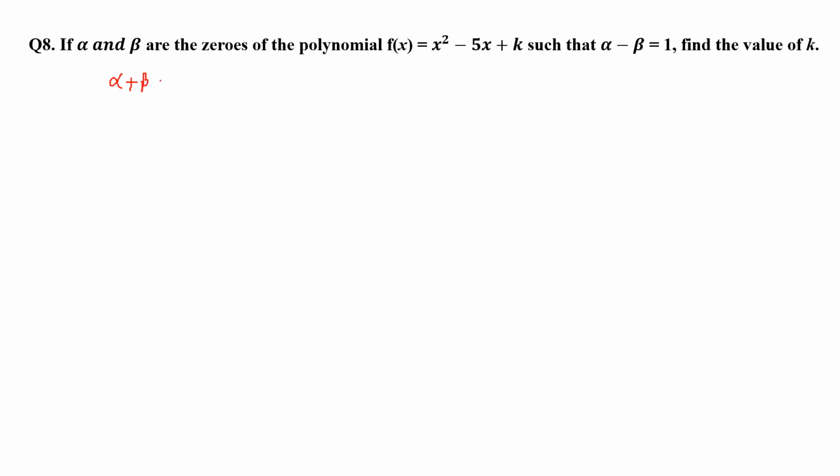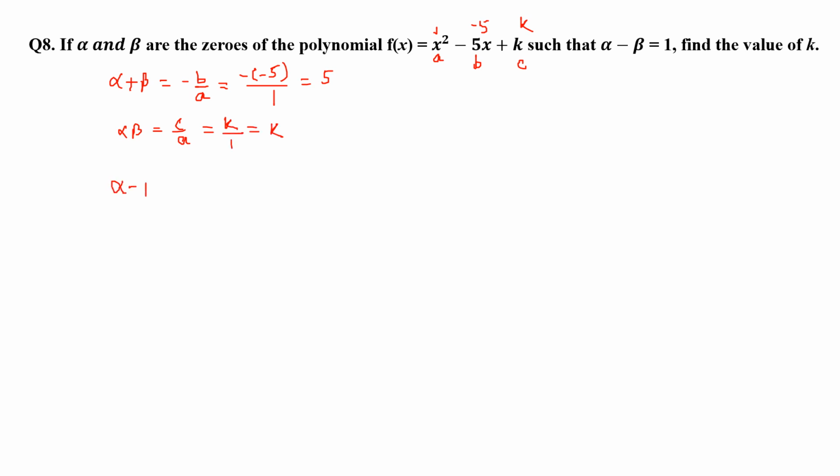Alpha plus beta equals minus b by a. Comparing, a is 1, b is minus 5 and c is k. So minus b by a means minus of minus 5 by 1, which gives 5, and alpha beta is c by a, which gives k by 1, that is k.